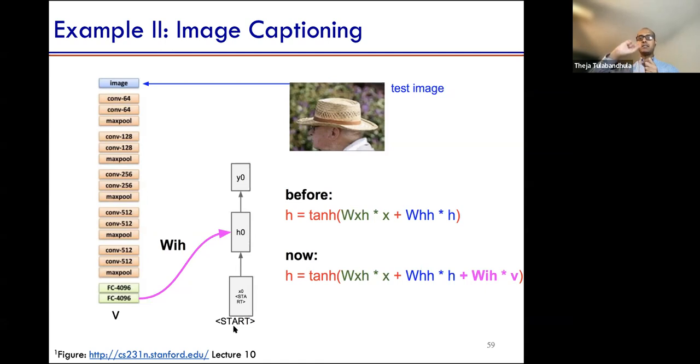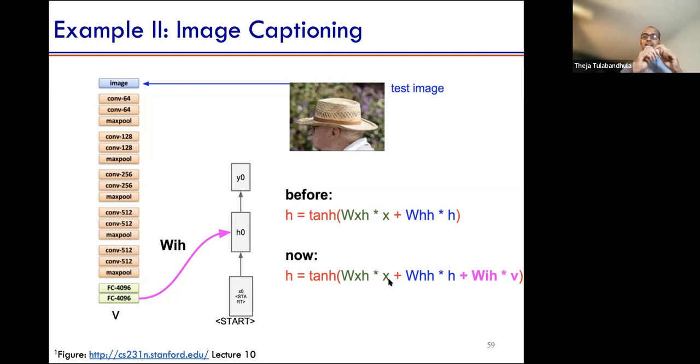Start will have a vector, and you pass that vector as an input to the RNN cell, and you also pass the image embedding as an input. The image embedding gets multiplied with a weight matrix, which will need to be learned, and that is an additional input for the first cell of the RNN. So it's just an extra input to the RNN cell.